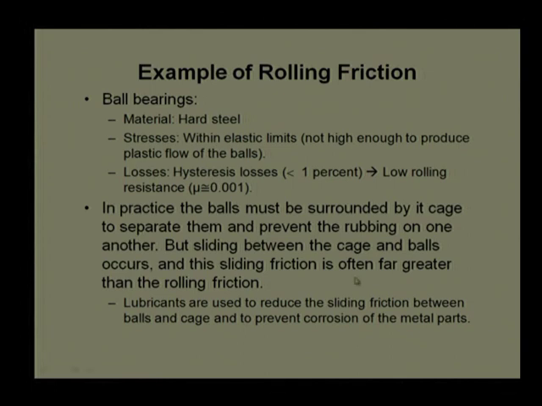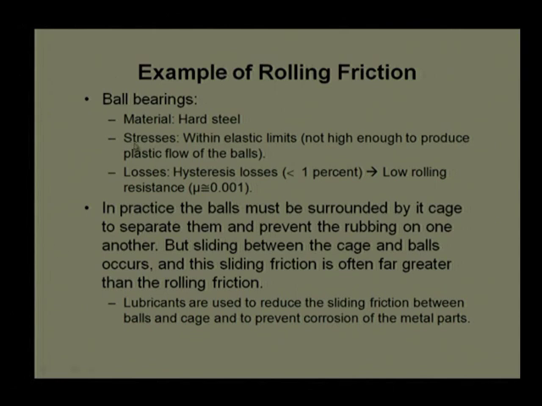The first is a ball bearing. We are assuming the balls are made intentionally of hard steel, so the deformation is negligible, they can really roll, and the roll-to-sliding ratio is very high.